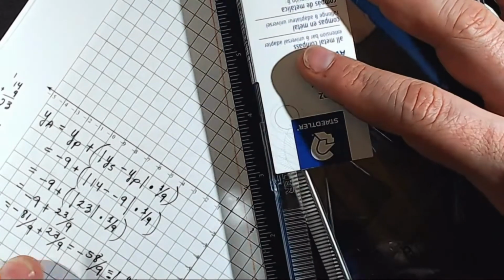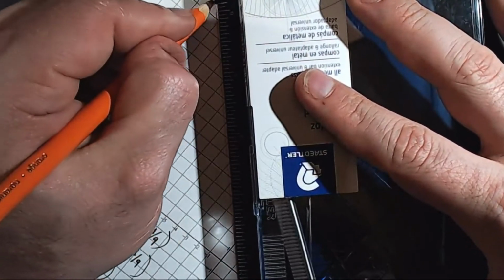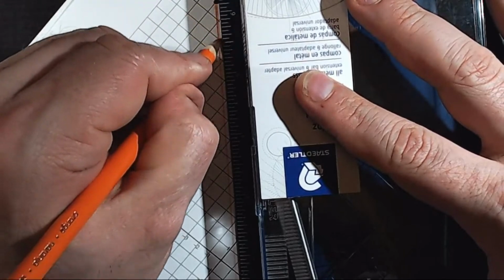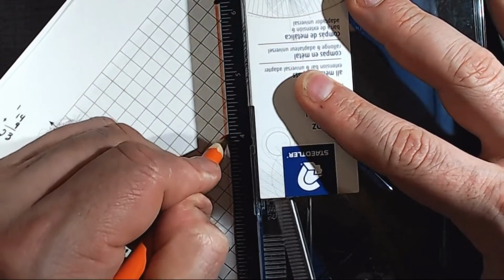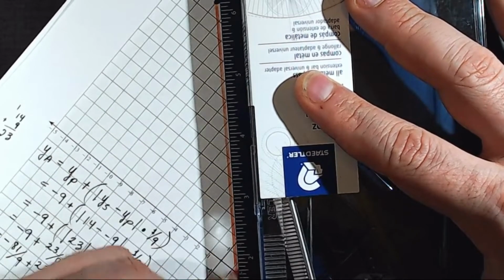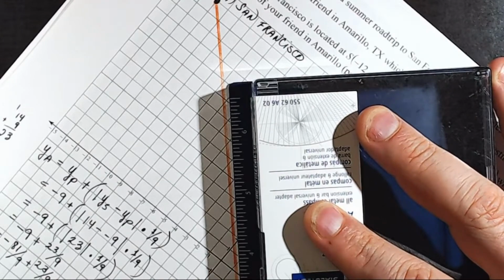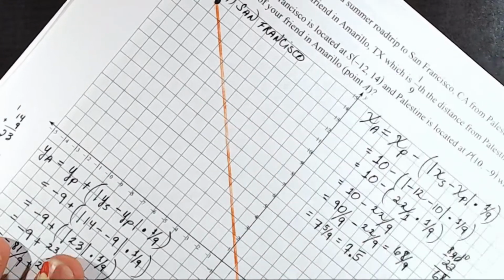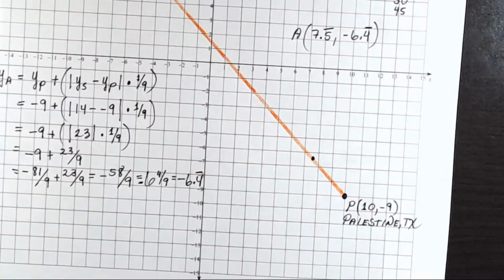Okay, so let me draw that in a little bit darker now that I've got it. Okay, I think we're going to hit it this time. We have succeeded. Look at that. So our line passed right through that point that we plotted.